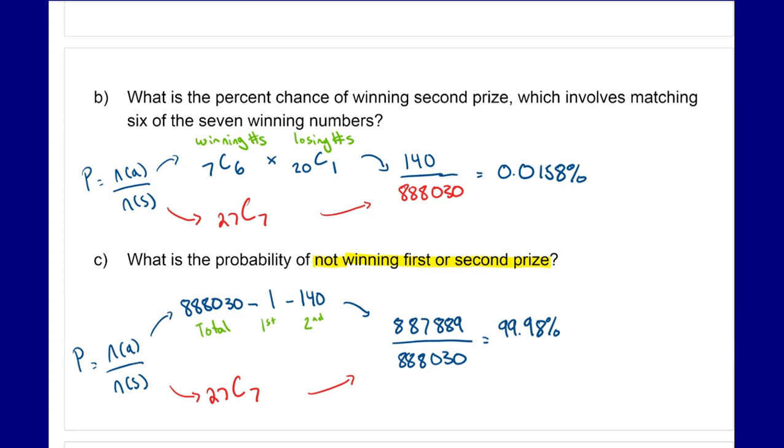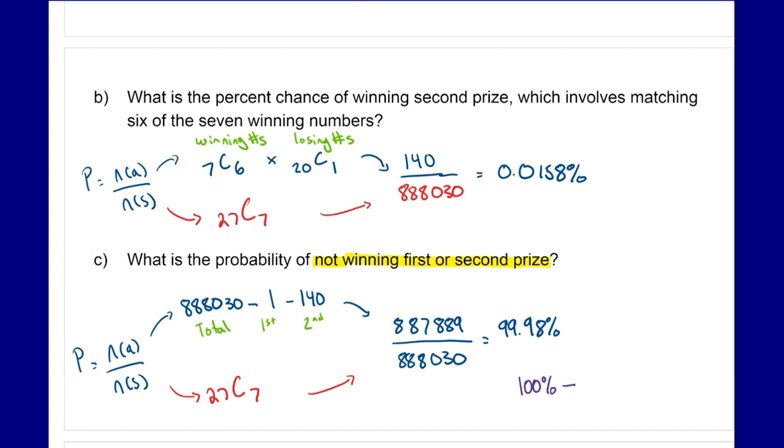So now that's how you would do it if you were just looking at the other scenarios. Additionally, we already know the percents of winning first and second prize, so you could look at the indirect method only involving probability. We have 100%, which is the total probability in general of all events.